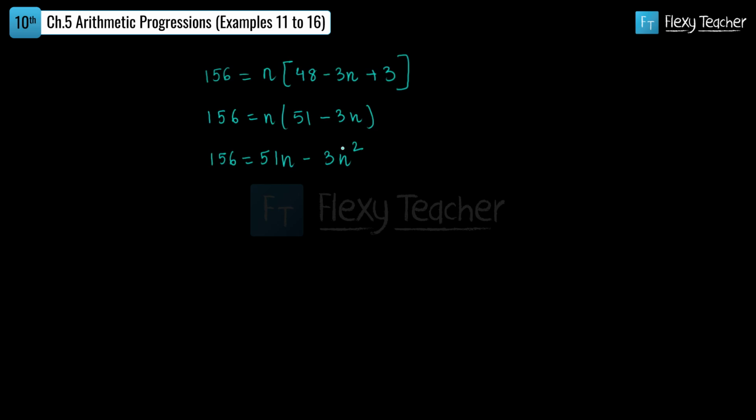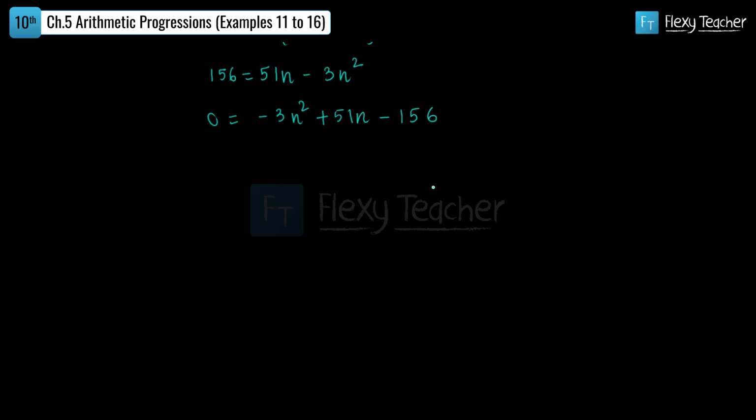Okay, so this can be written as 0 is equal to minus 3n square plus 51n minus 156. Okay, so the equation would become 3n square minus 51n plus 156 is equal to 0. Okay, now we will divide the entire equation by 3.